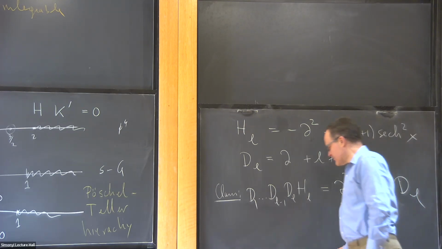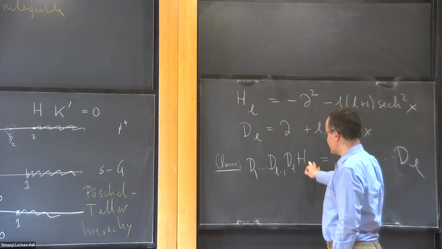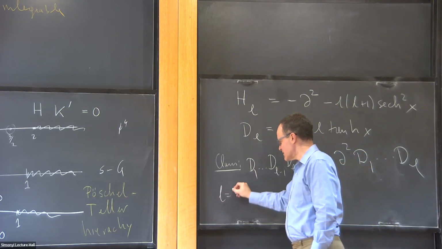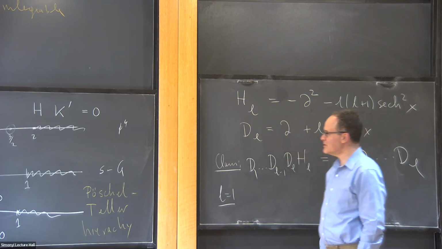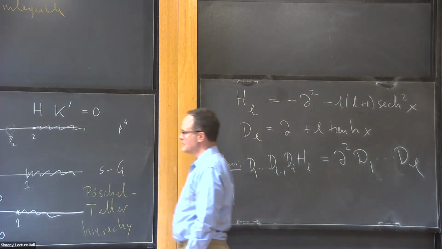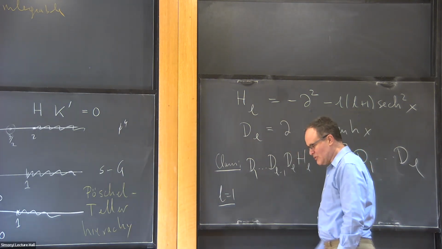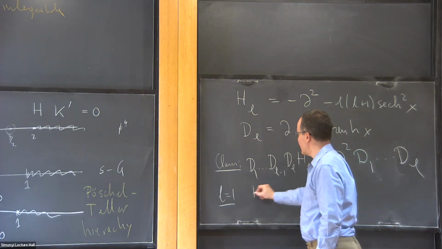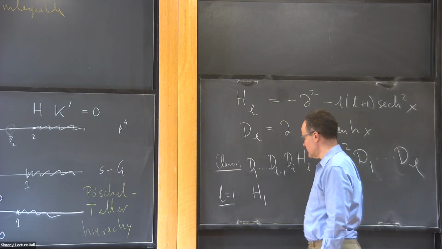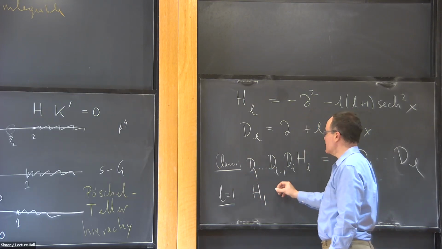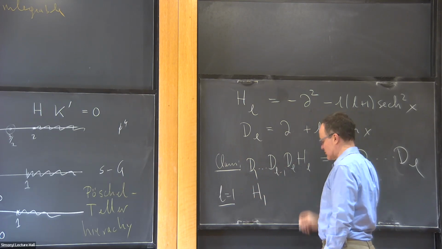Another way this manifests itself, of course, one should start with the case L equals 1, a single one, which is the sine-Gordon case. If you look at H1, that's what linearized sine-Gordon gives you, minus 2 sech squared.